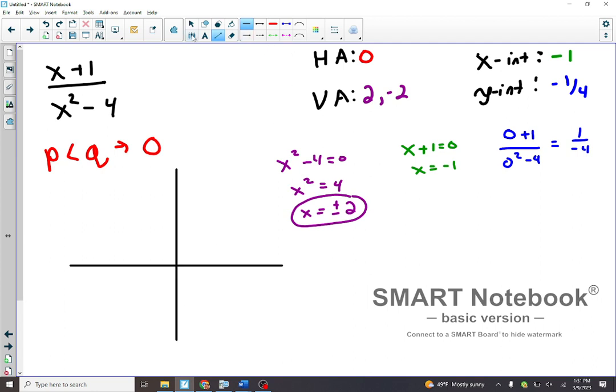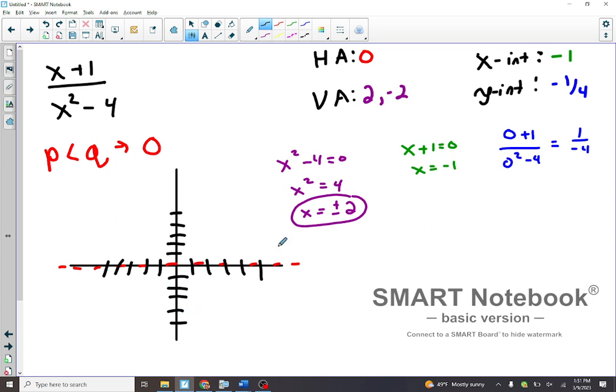That's fine. If your horizontal asymptote is 0, your dotted line is on the x-axis. Vertical asymptotes at 2 and negative 2, so a vertical line at positive 2 and a vertical line at negative 2.